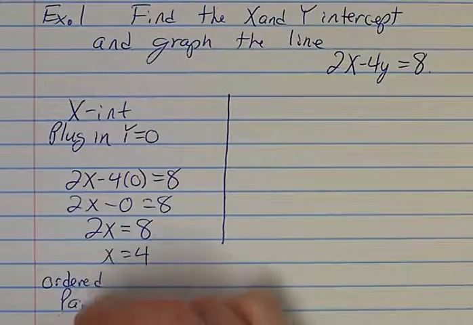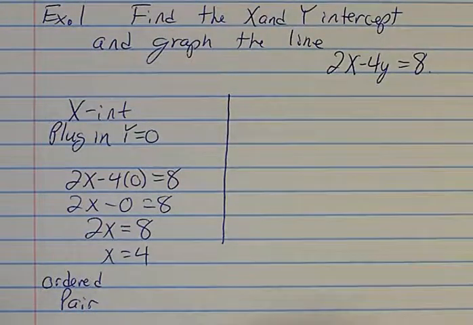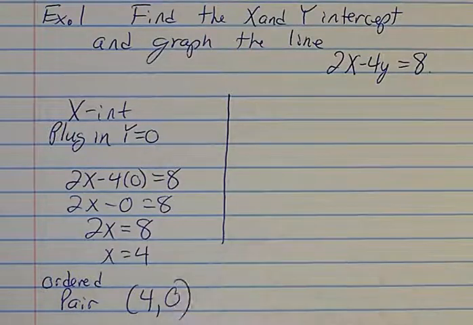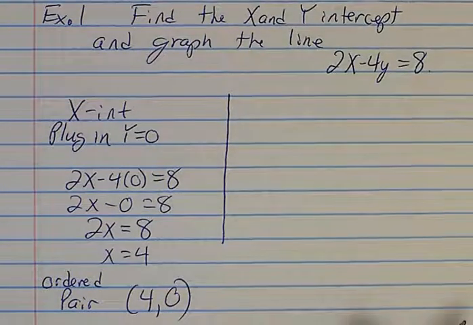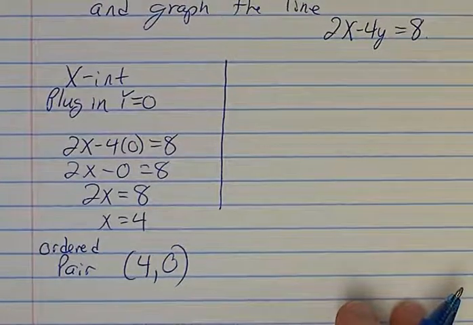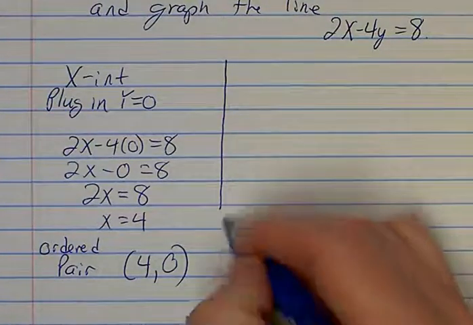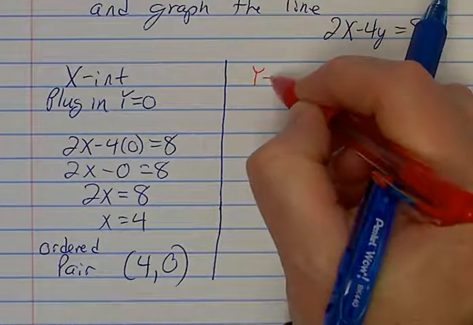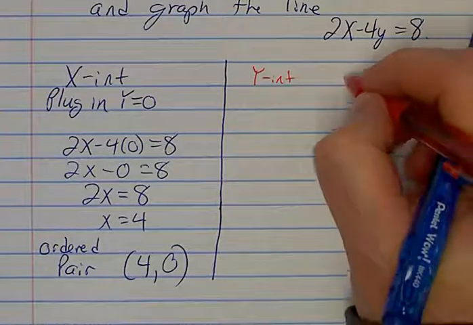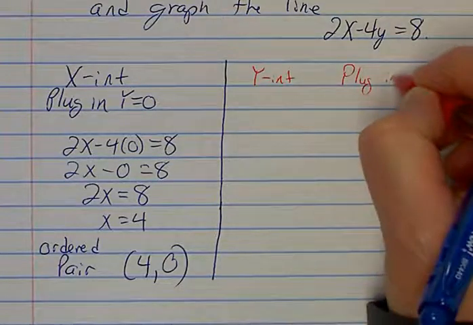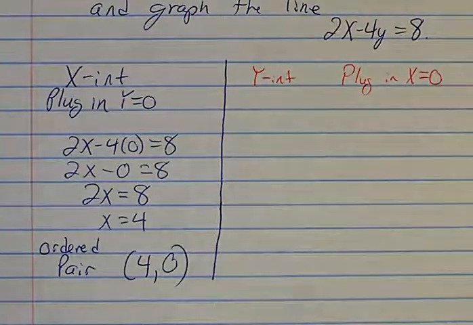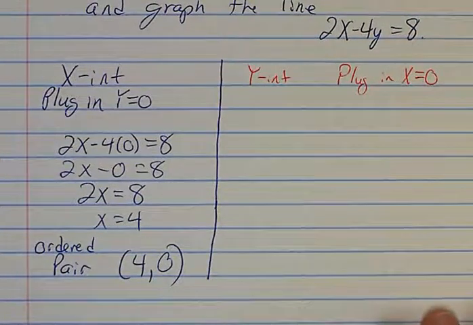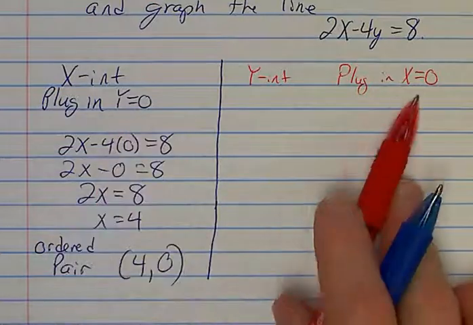Now, they should ask you to write the answers as an ordered pair. If you do that, the x value goes first, the y value goes second. For the y-intercept, we're going to do exactly the same thing, but in the opposite way. Instead of plugging in y equals 0, you plug in x equals 0.